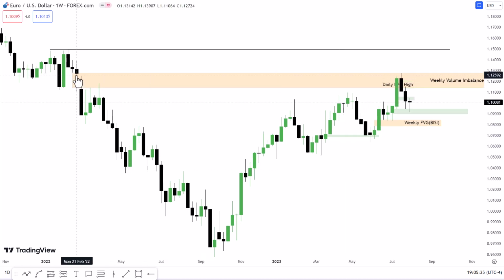Here, this is called volume imbalance. Why do we call it volume imbalance? Because we have 2 candles that overlap only by wicks. The body of this candle is supposed to be in close proximity or same level with the body of this candle. Let's use another example.